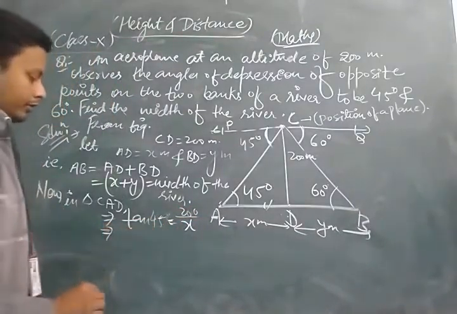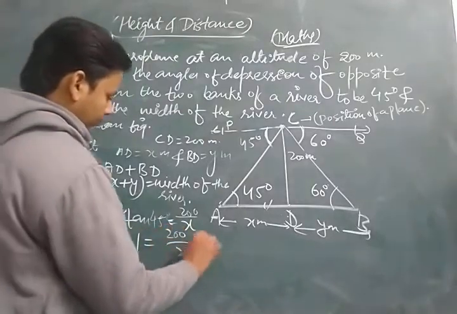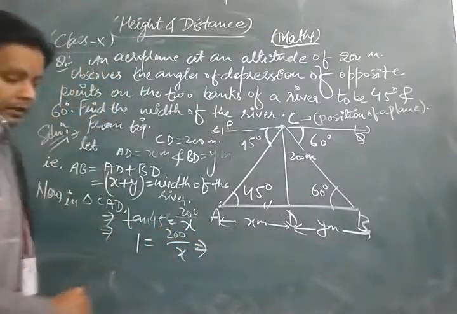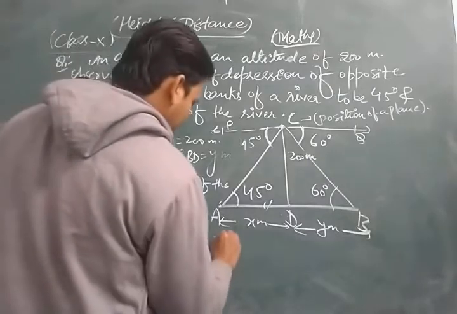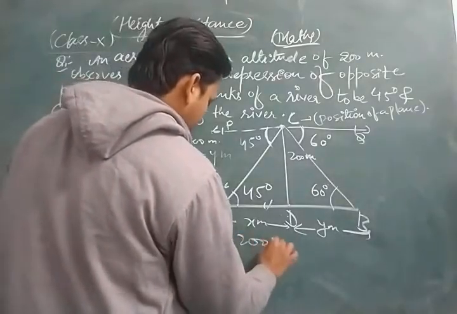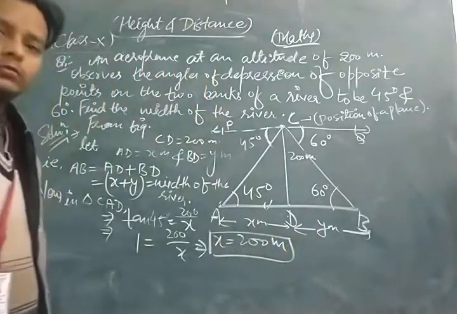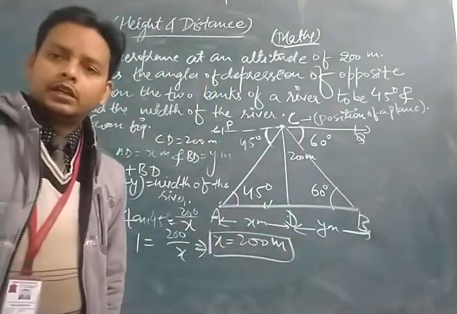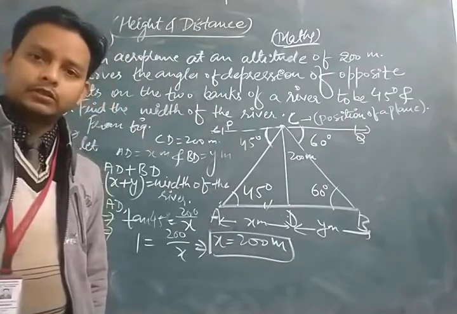The value of tan 45 is 1. Now we do cross multiplication, dear students. So x is equal to 200 meters.